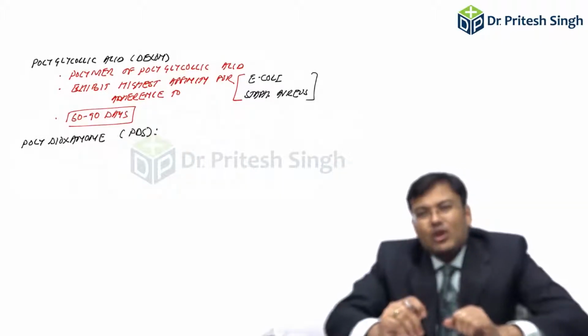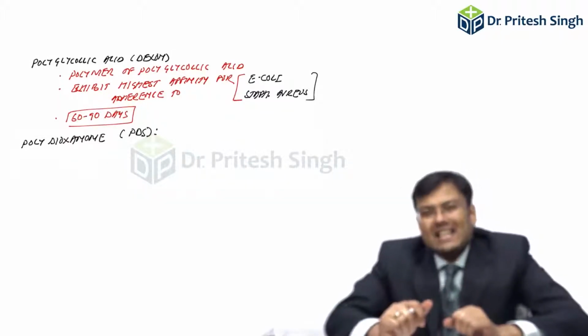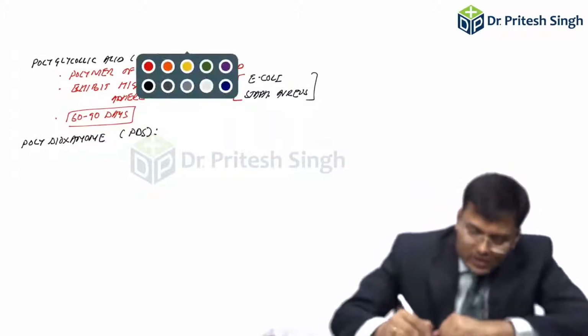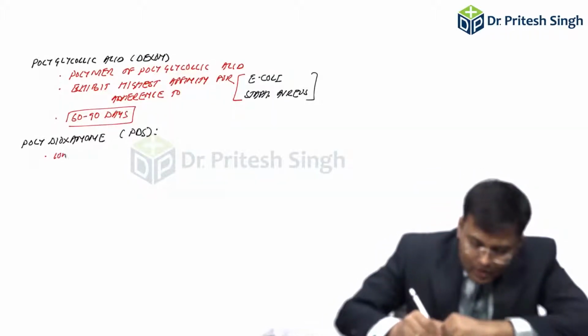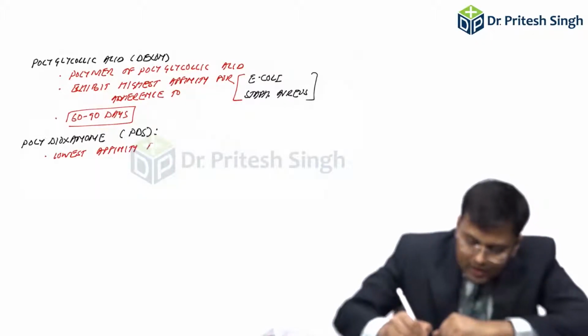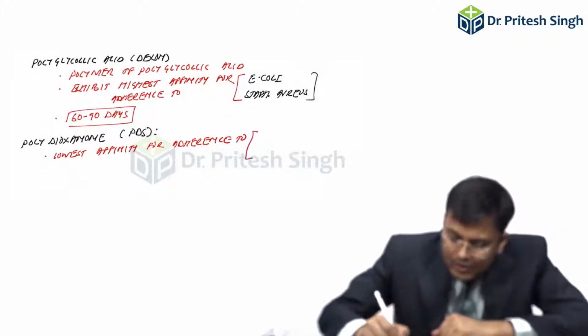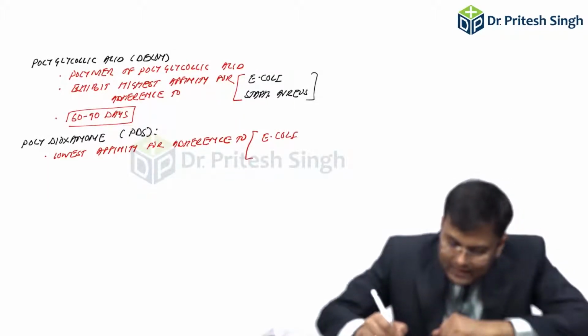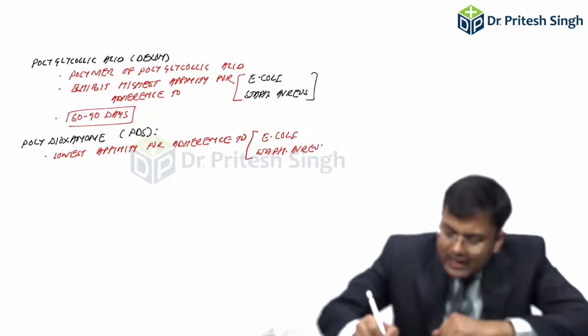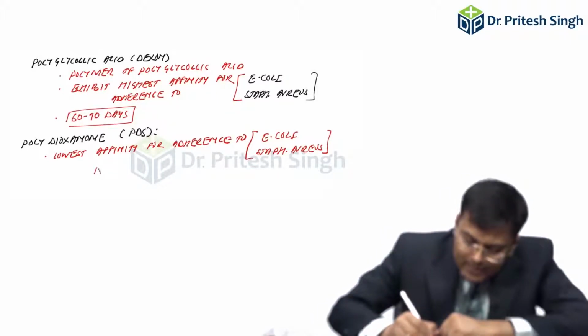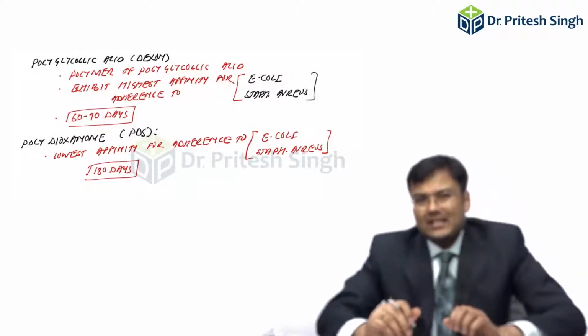Polydioxanone exhibits the lowest affinity for adherence to E. coli and Staph aureus. And the question is asked: in how many days is it absorbed? It's absorbed in 180 days.